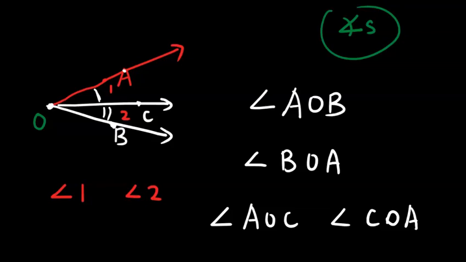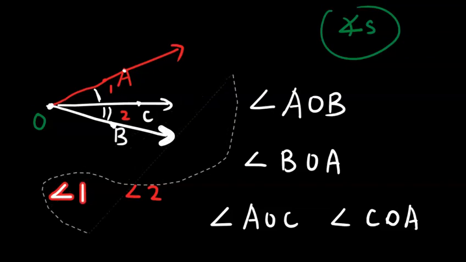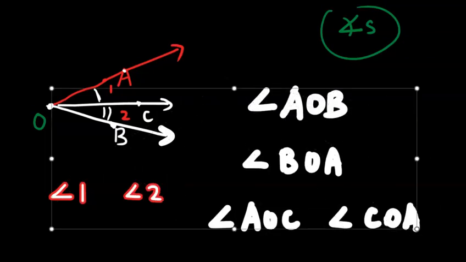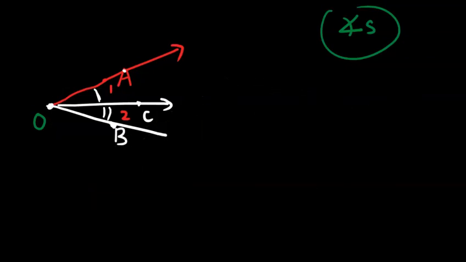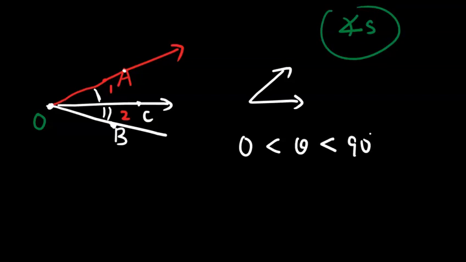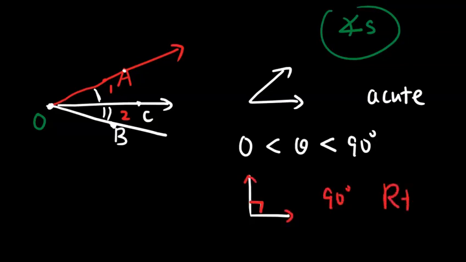Now, after we name these angles, we're going to talk about how we categorize them. If I have an angle that is greater than 0 but less than 90, this is an acute angle. If it's exactly 90, please get used to using this 90-degree symbol. This is exactly 90. This is a right angle.